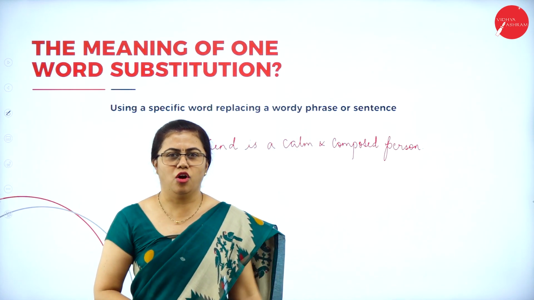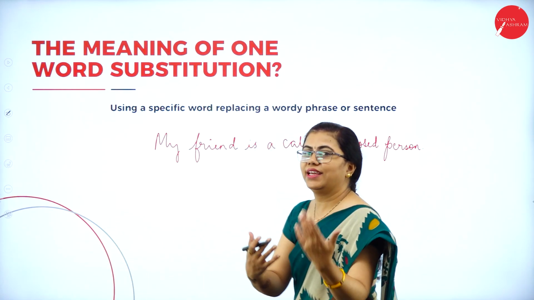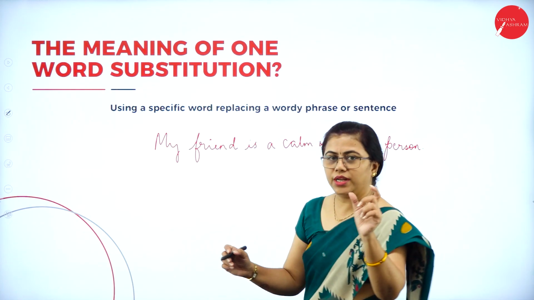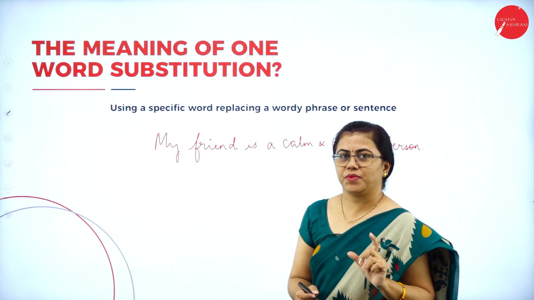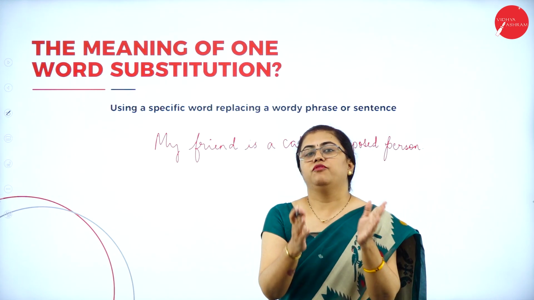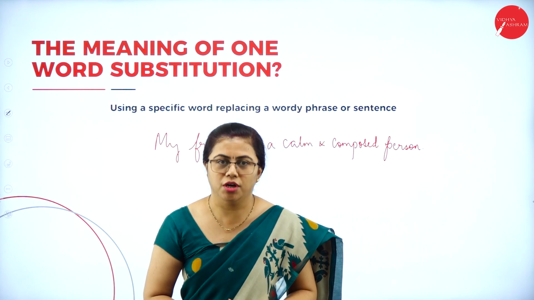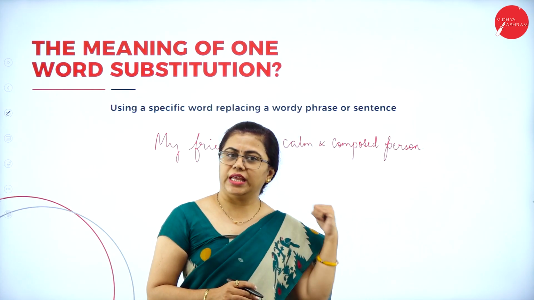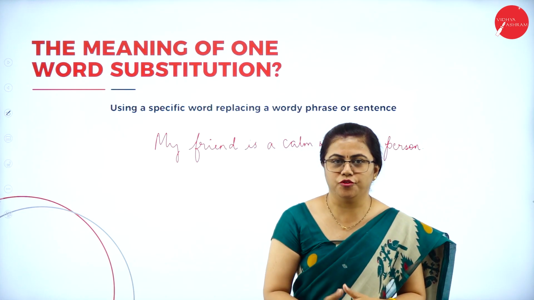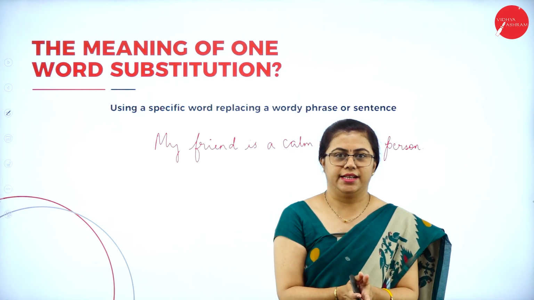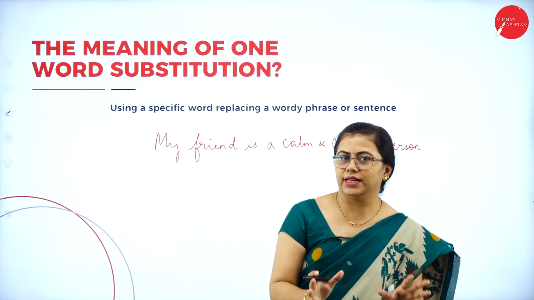You feel it's a very long sentence, so you feel like replacing a few words here. You replace a phrase. A phrase is a group of words which does not have a complete meaning and does not have a verb in it. So in this sentence also, you're going to replace a phrase and make it a meaningful, precise, very crisp sentence.